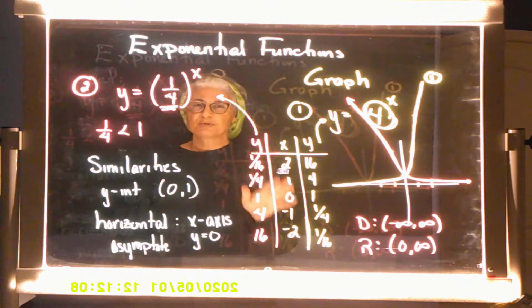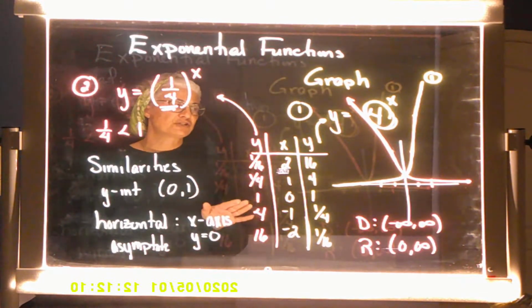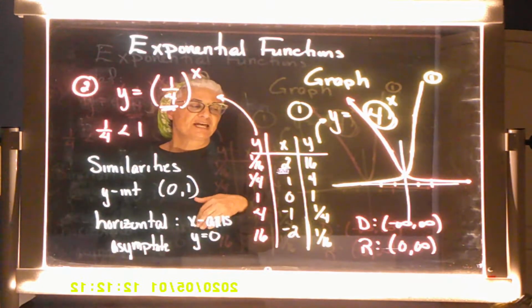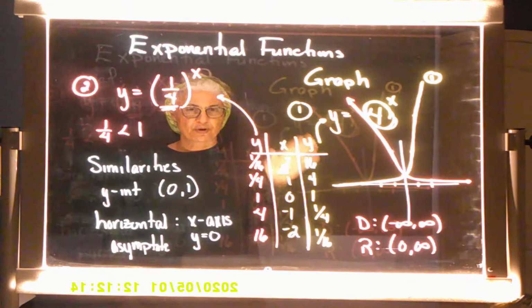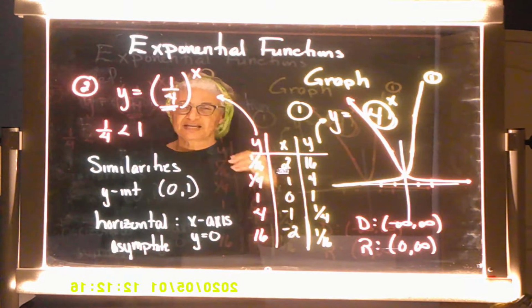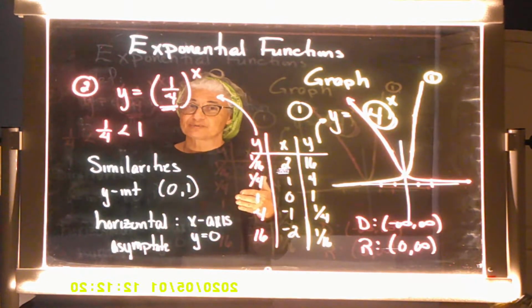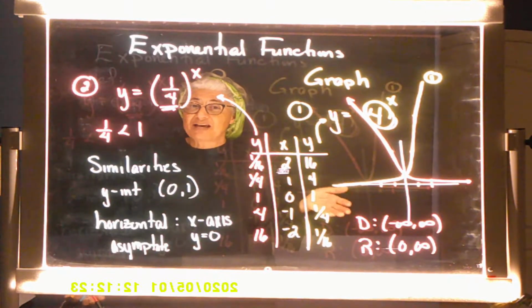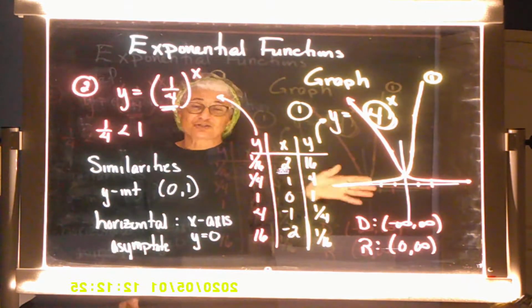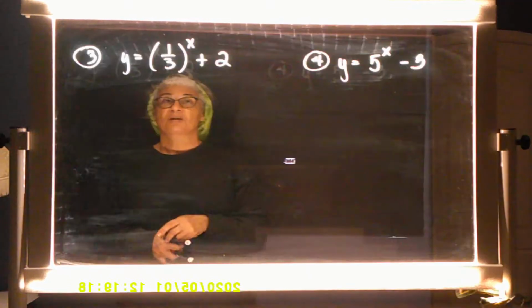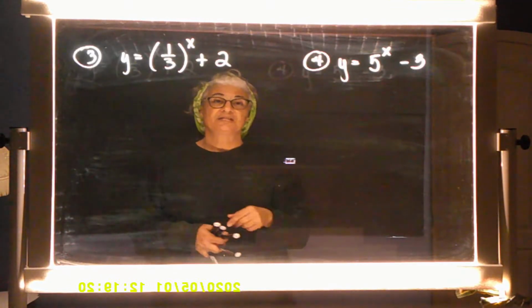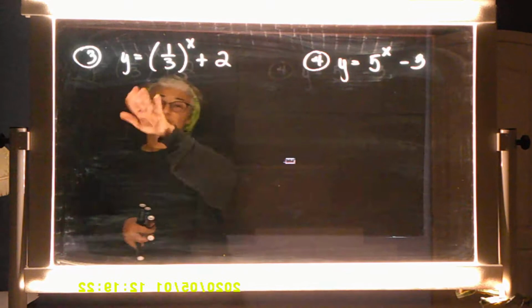I'm going to do a little bit more graphing with these exponential functions, and you'll notice that when we graph these exponentials, it's almost like we were graphing the quadratics, because depending upon what number they've added and where they've added it to, it's going to start moving my graph around. Okay, so let's take a look at these two particular examples. Let's look at example number 3.